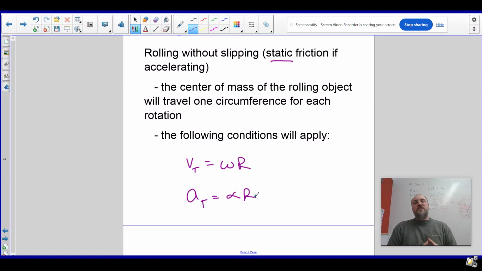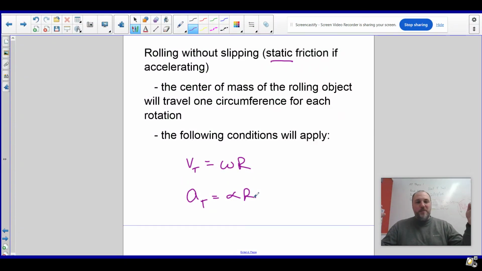So those relationships between the linear terms and the angular terms are going to hold true if we're rolling without slipping. What can happen, like if you were in a car and you press the gas pedal too hard, is you might feel like a burnout, where your wheels spin too fast and your car doesn't move forward one circumference for every rotation of the wheel, right? That's rolling with slipping, and that would be kinetic friction.